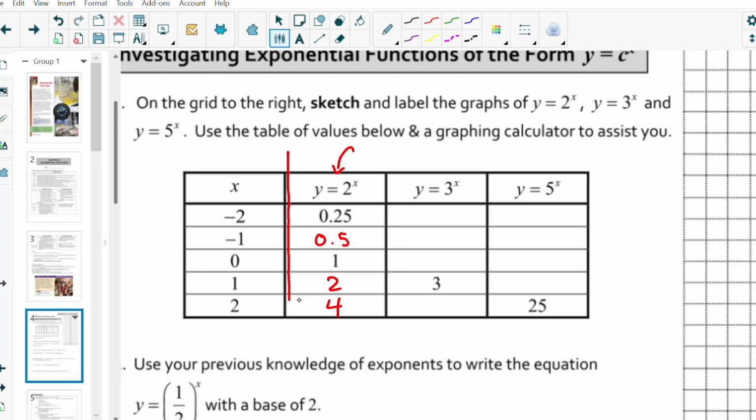So these are for x values, okay? And then y equals 3^x, you can graph that. These are the values I got from my table of values: -1, 0.3 repeating, 0, 1, 1, 3, and 2, 9.